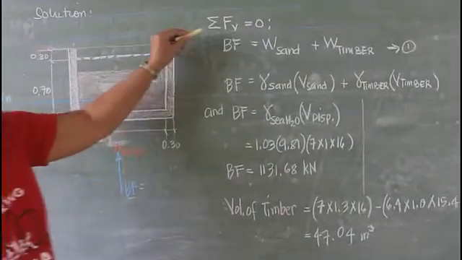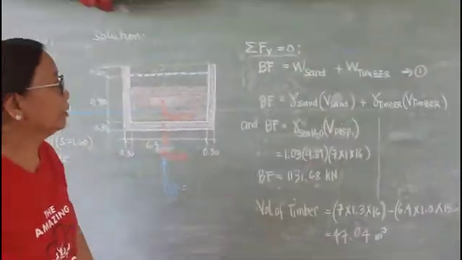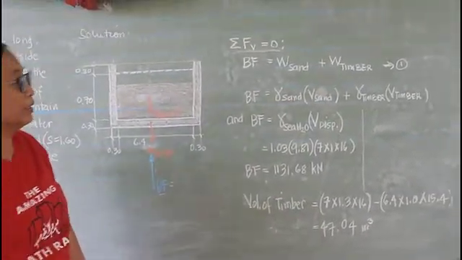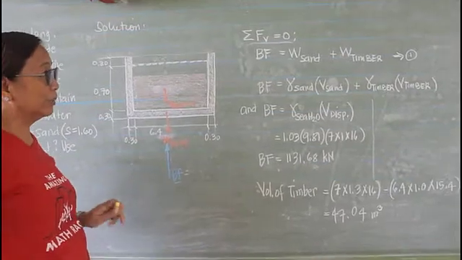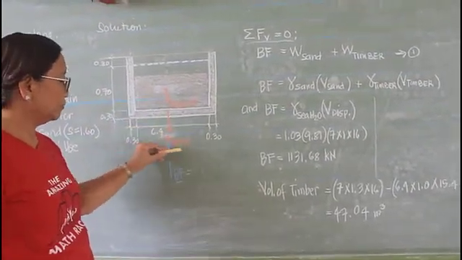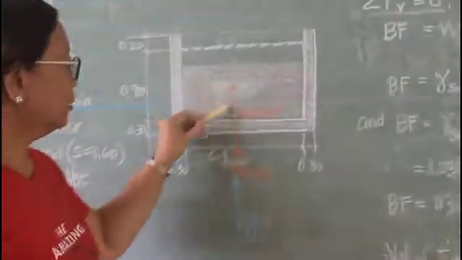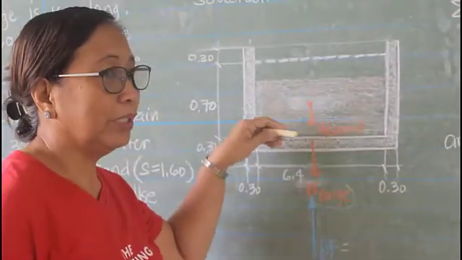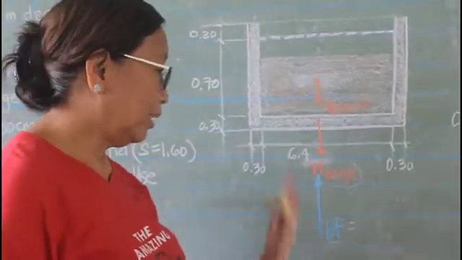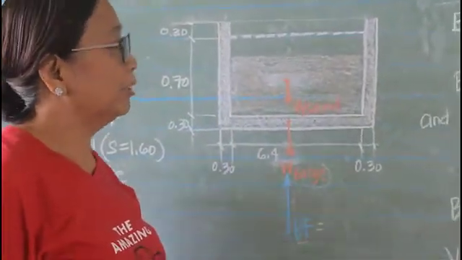So, applying the principle of equilibrium, that all the summation of forces vertical must be zero, what are the vertical forces acting on the barge? So, it is the weight of the barge itself, and the weight of the sand that will be loaded in the barge. So, it is acted upon by a vertical upward force, which you call the buoyant force.